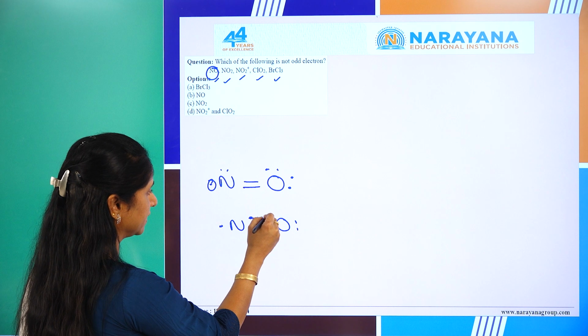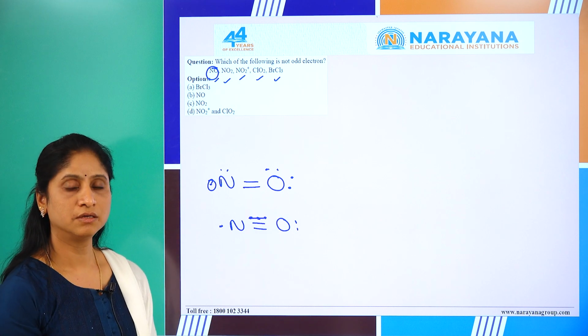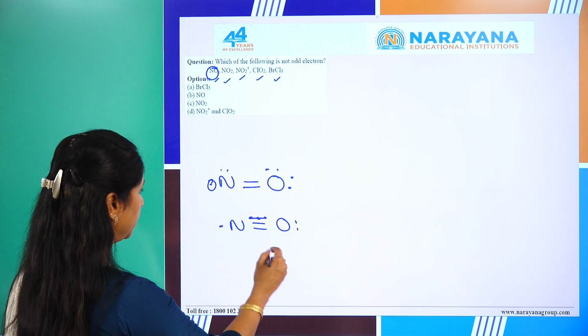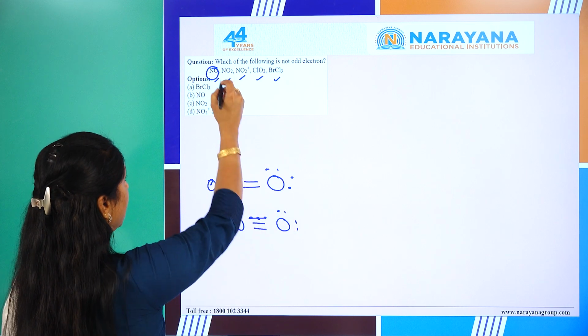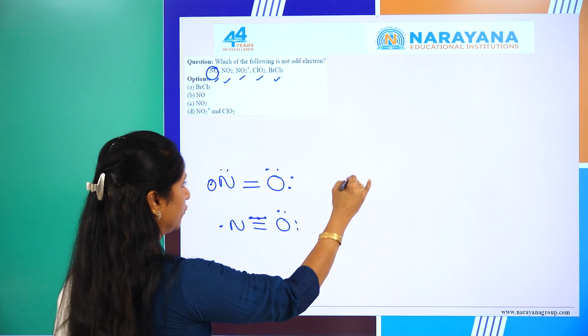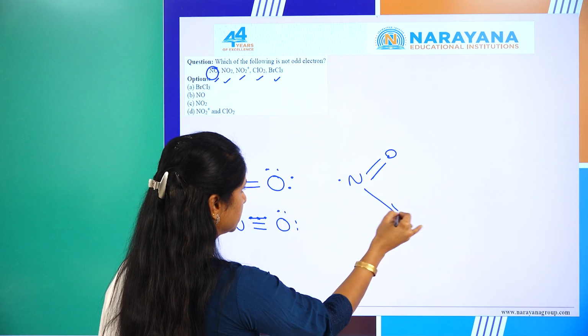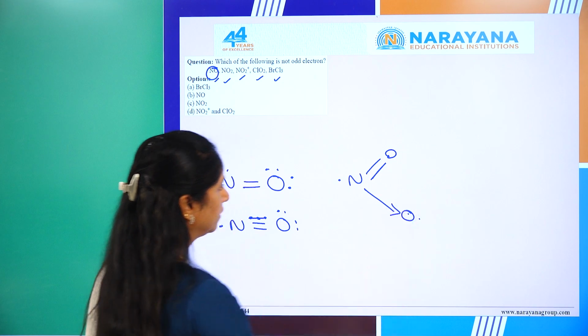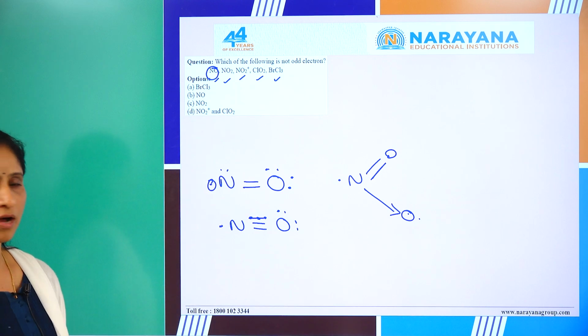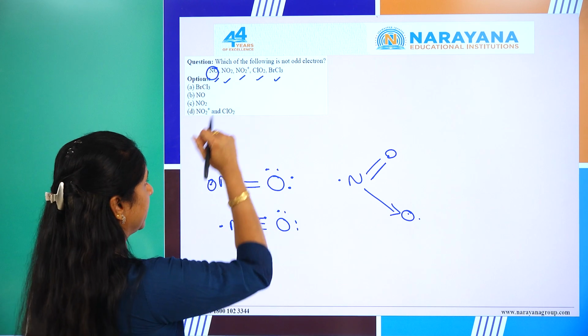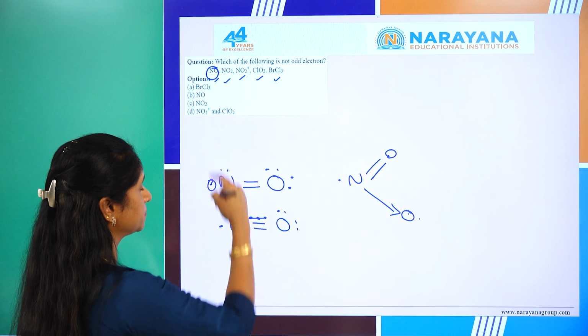This is, you can write it as a 3 electron bond. So hence you can make out this is an odd electron species. NO2 is also an odd electron species. Whenever nitrogen forms a fourth bond, it will be a dative bond. So observe, it is also an odd electron species, but NO2 plus is not an odd electron species.